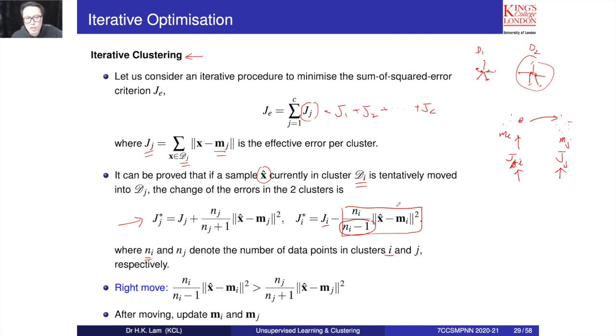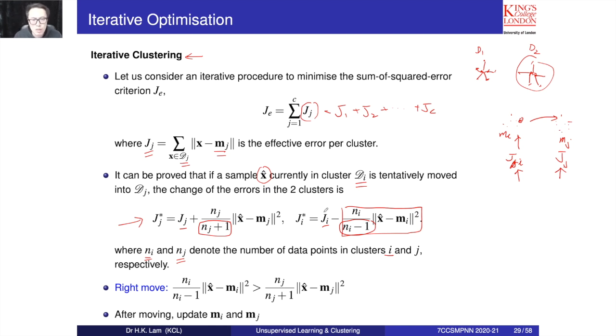The same applies to cluster j: because we move this sample from i to j, the number of samples is increased by 1. nj is the number of samples in cluster j.